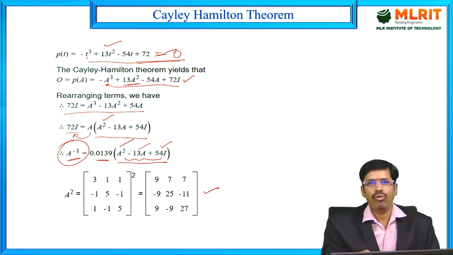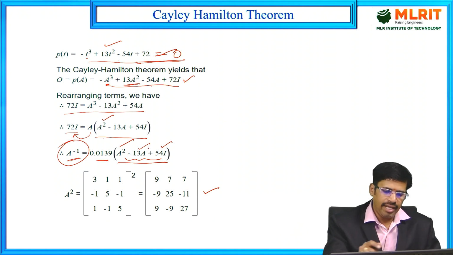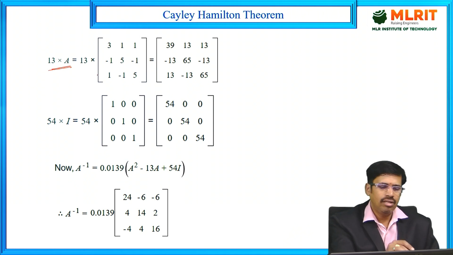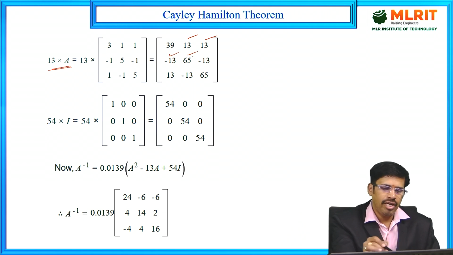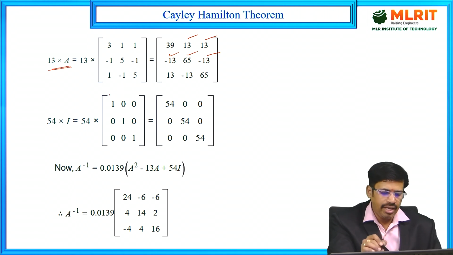I hope all of you know how to multiply 2 matrices. Next 13A: multiply the matrix A with 13, so 13 into 3 is 39, 13 into 1 is 13, 13 into minus 1 is minus 13, 13 into 5 is 65. Multiply each and every element of A by 13.